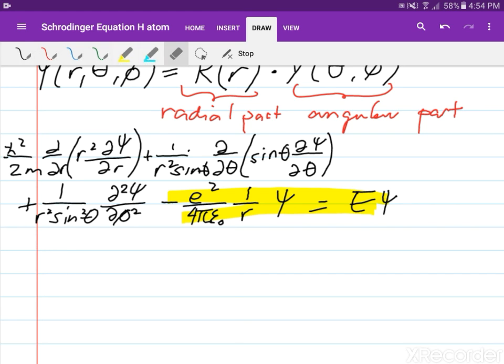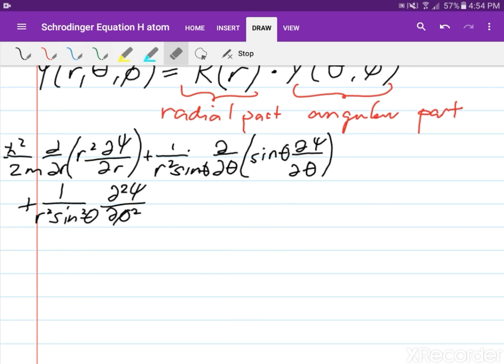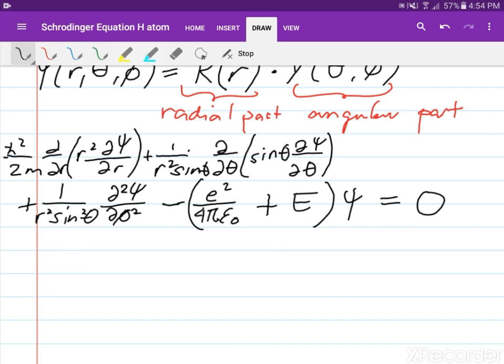So if I erase this term, this can be written as minus e squared over 4 pi epsilon naught plus E, or the total energy, times psi equals 0.